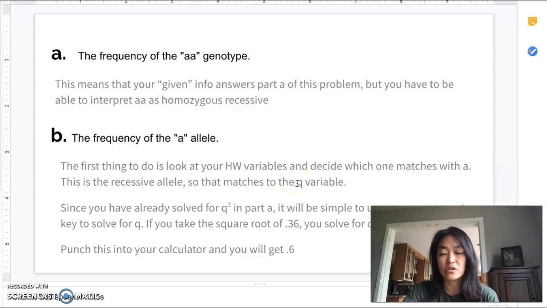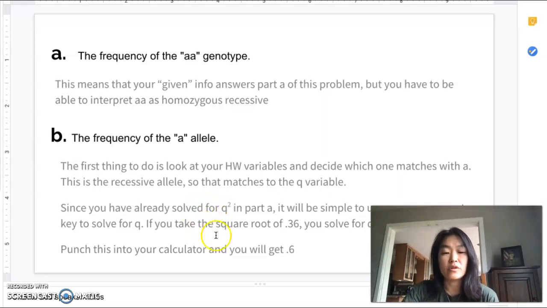Since you were given q squared in part A, it should make sense that if q squared equals 0.36, then if you take the square root of q squared, you will solve for q. Basically, the square root of q squared equals q.